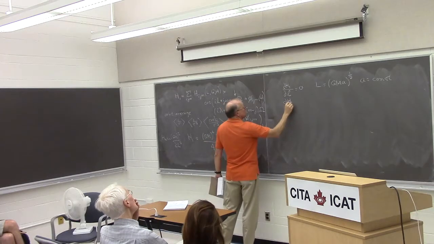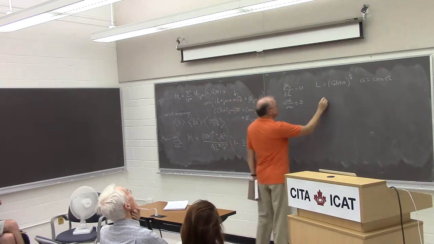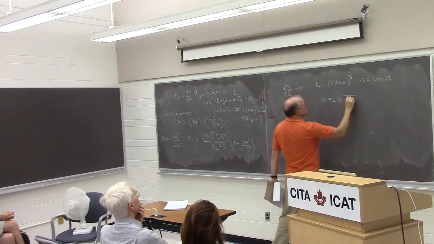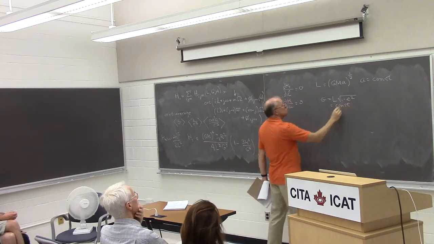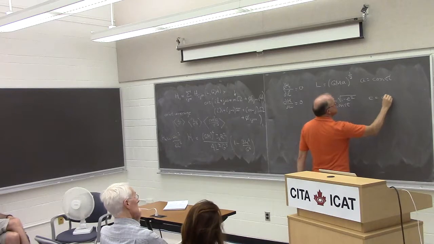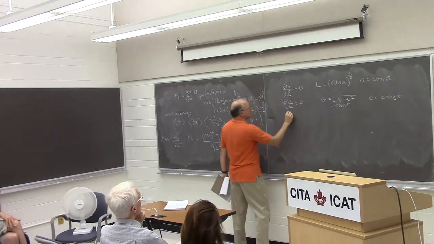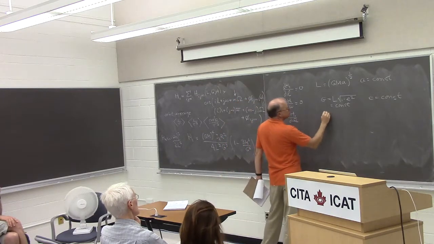The argument of perihelion doesn't appear here either. So that says that G, which is L times the square root of 1 minus e squared, is constant. So we already know that L is constant, so the eccentricity must be constant. Similarly, H1 doesn't depend on the node omega, which says that h is constant, which says that the inclination is constant.